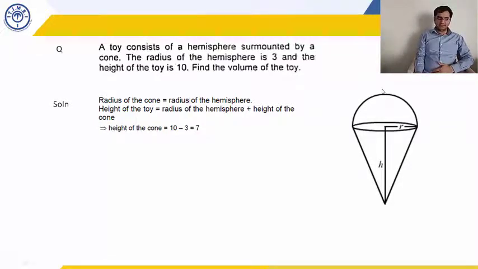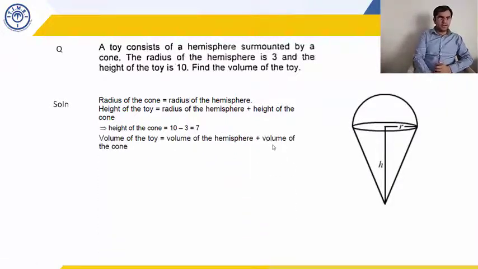I'll just repeat this. This whole length is h plus r, so h plus r is 10. And r is 3. So that means height of cone is 7. So now for the cone, you have the height also, you have the radius also, you can find the volume. And for the hemisphere, you have the radius, so you can find the volume.